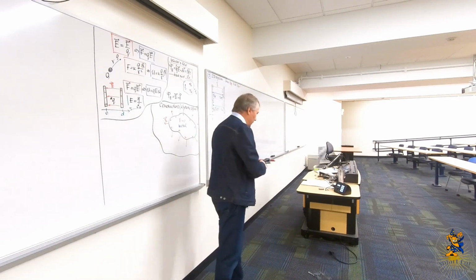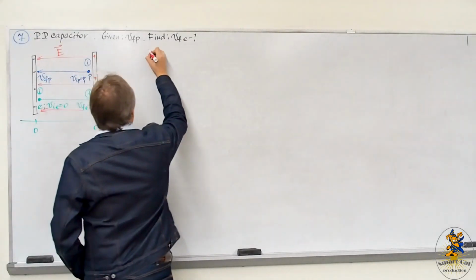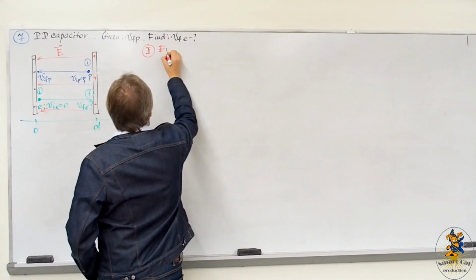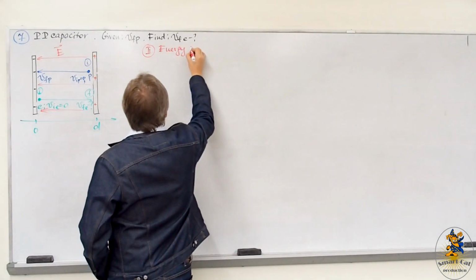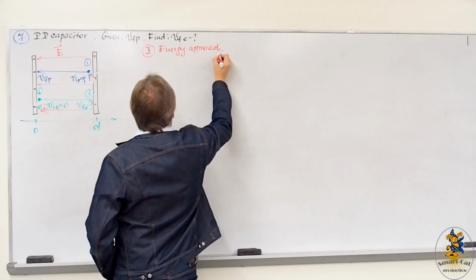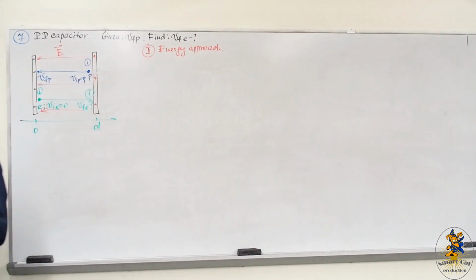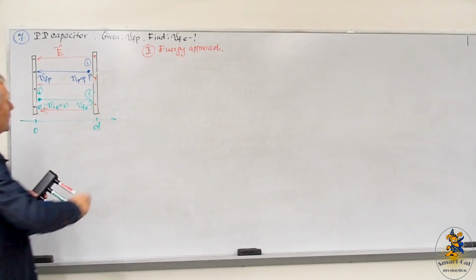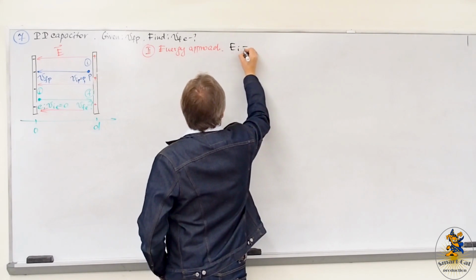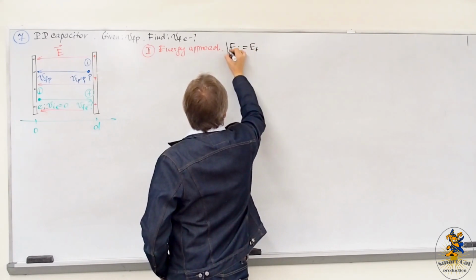So now let's apply an energy approach, since the force approach we already discussed, which is based on the conservation of mechanical energy. So it will be E initial equals E final.